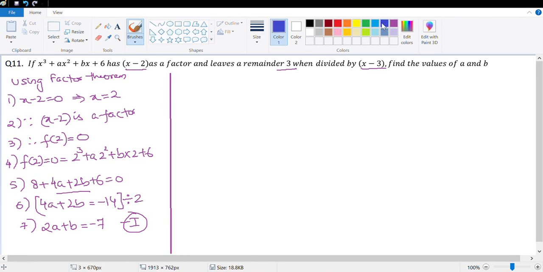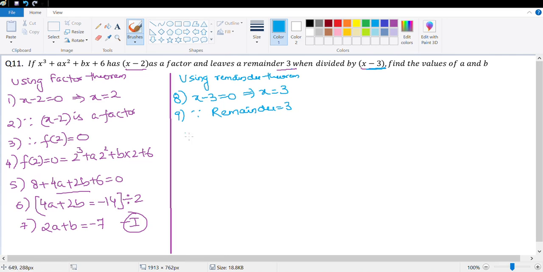Let's look at the second condition. When it's divided by x minus 3, there is a remainder, which means using remainder theorem, x minus 3 is equal to 0, which means x is equal to 3. Now since remainder is equal to 3, therefore the value of the polynomial when x is equal to 3 is also equal to 3.